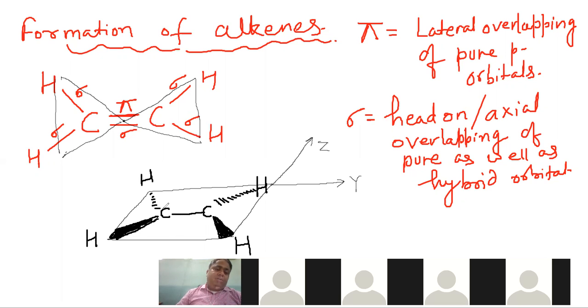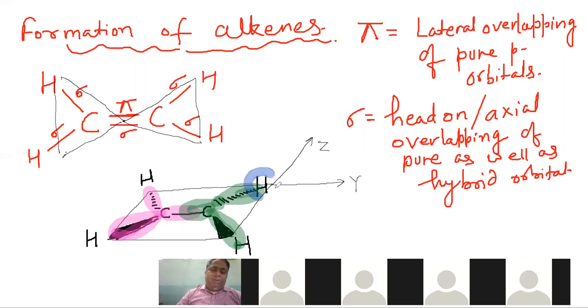These two are sp2 hybrid orbitals. This is the sp2 of one carbon, and the sp2 of the other carbon is this one. This is the overlap zone.